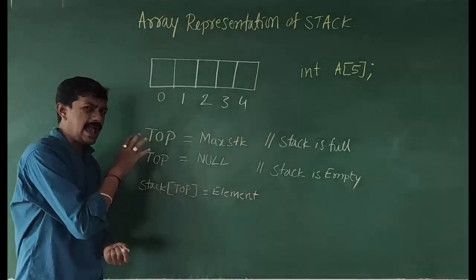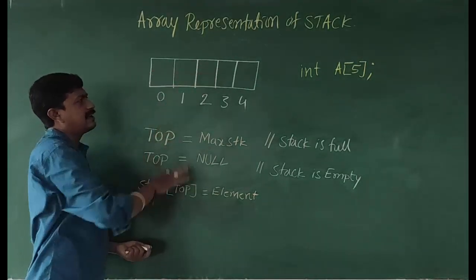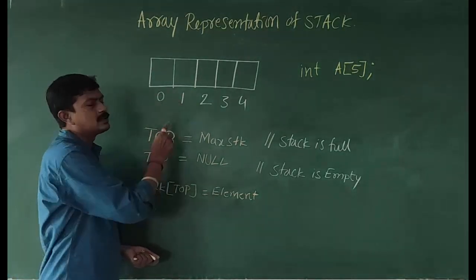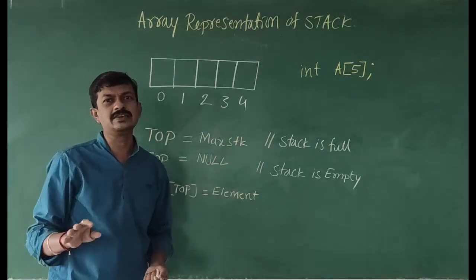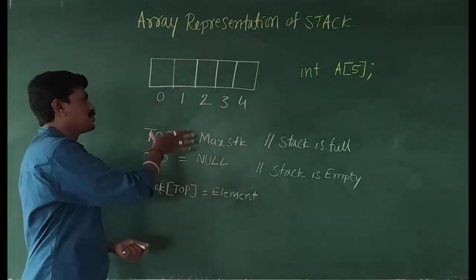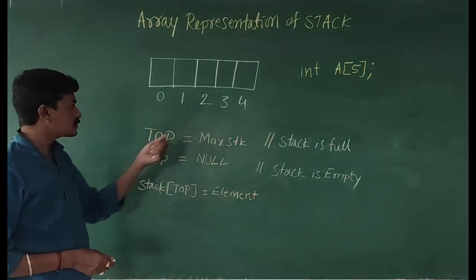If you are using it as a simple array, then I can insert anywhere in this array. Usually we start inserting from consecutive locations only, but it is possible to delete anywhere from the array.